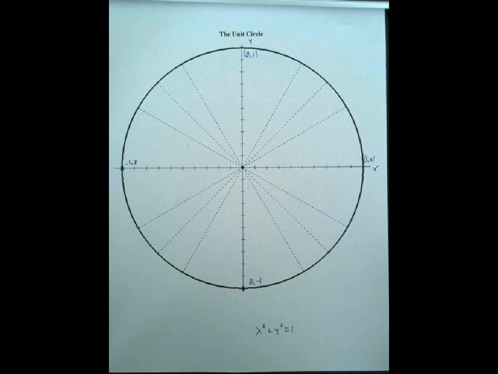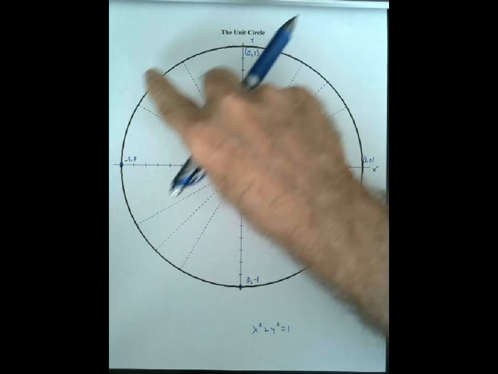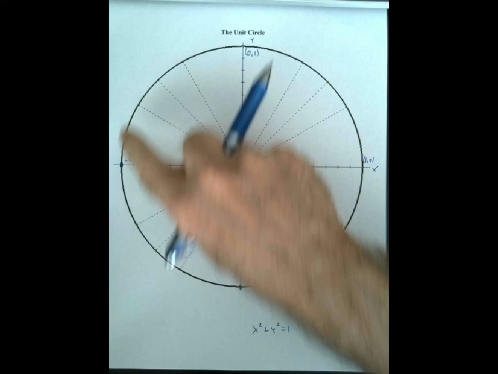Now what we're going to do first is name some of the other points that are on the circle. In this video, we're just going to work out what some of the other points on the circle are.